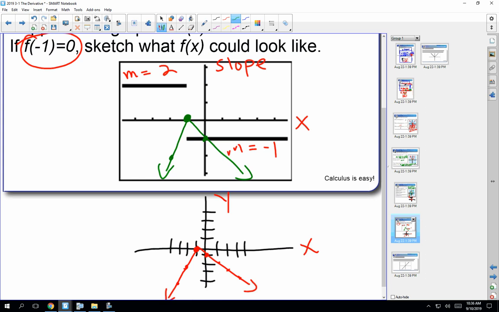Well, that point that they give you, when they want you to sketch what f of x looks like from the derivative, you need just to have a starting point. Otherwise, I wouldn't know where to put it. Yes, that initial point is important, to make sure it's clear.